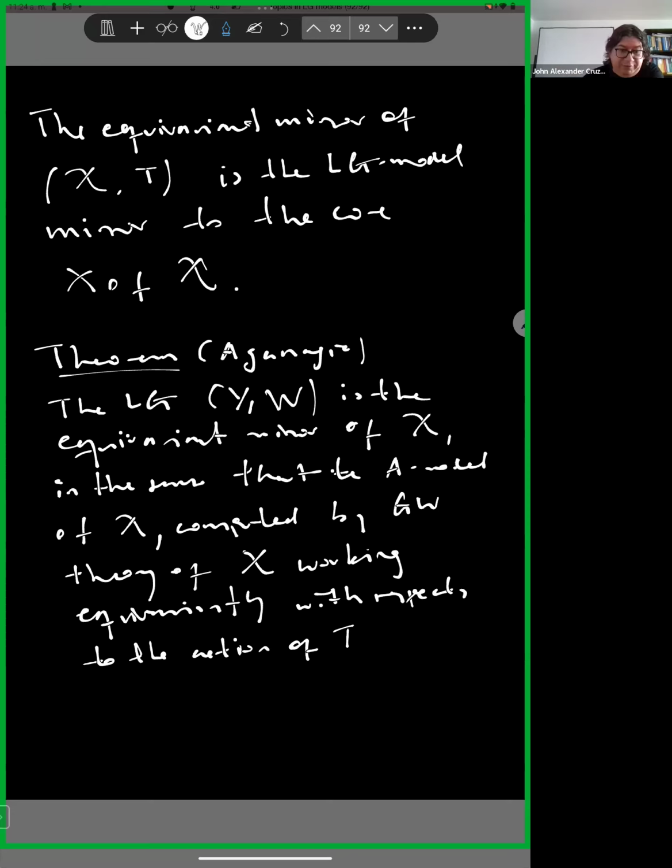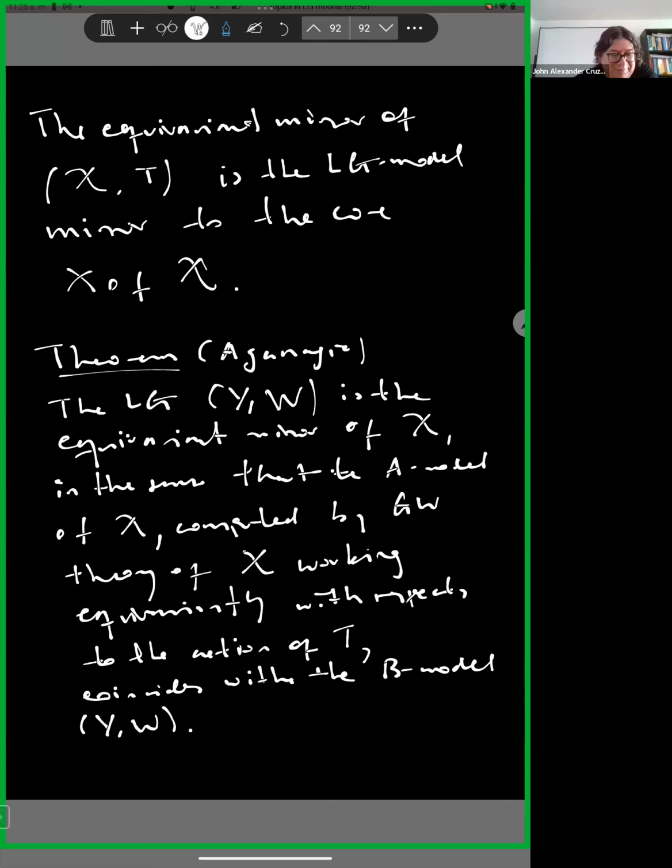So this A model coincides with the B model Y, W, even though X and Y don't have the same dimension, right?